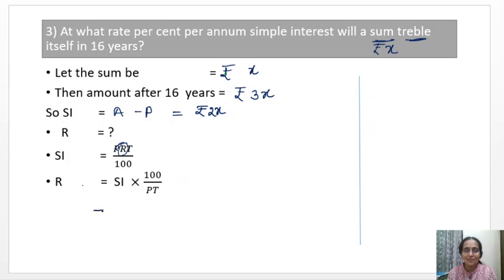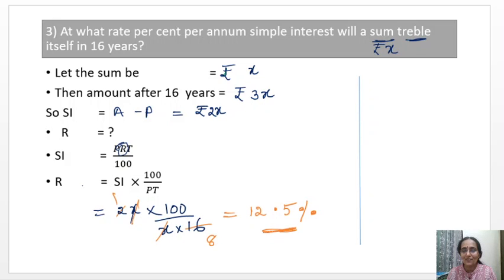Now you know the simple interest is 2x. P, the principal, is x. Time is 16 years. So x cancels. 2 ones are 2, 2 8s are 16. It is 100 divided by 8, which is 12.5. It is 12.5% is the rate of interest.